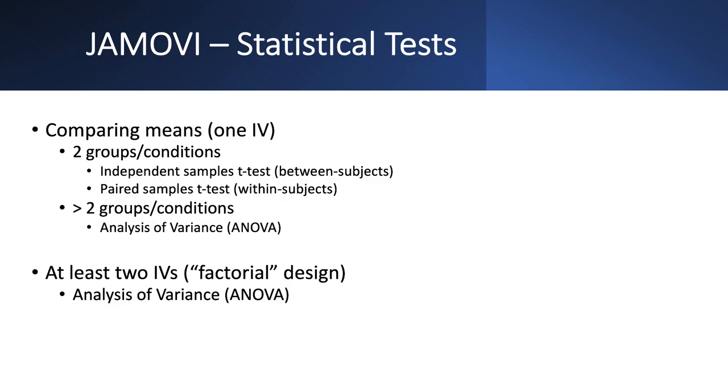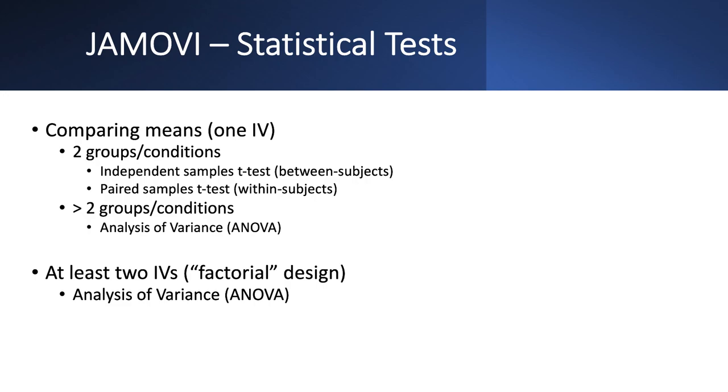So the next one, if we have at least two independent variables, this is also called a factorial design. I know we've talked about that a lot in class. When this is the case, we also use an analysis of variance or ANOVA, and I will explain that in a future video when I'm talking about how to actually do the ANOVA, but this is when we have at least two independent variables.